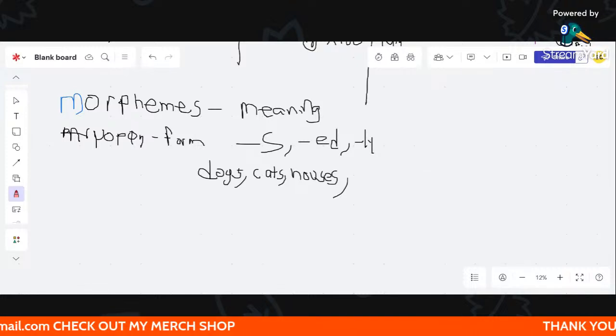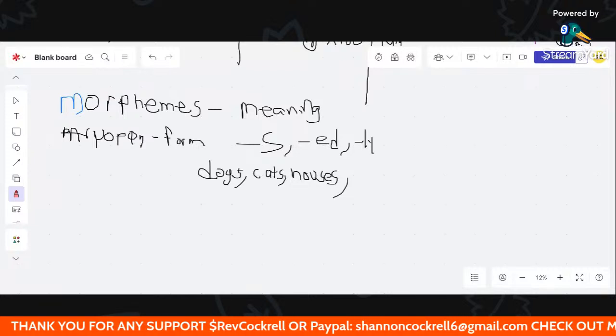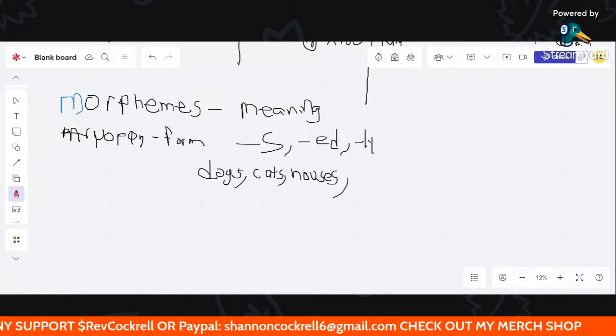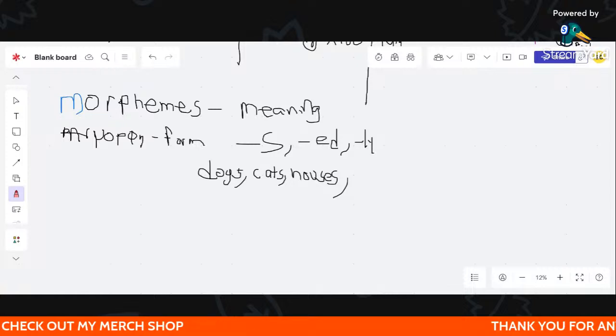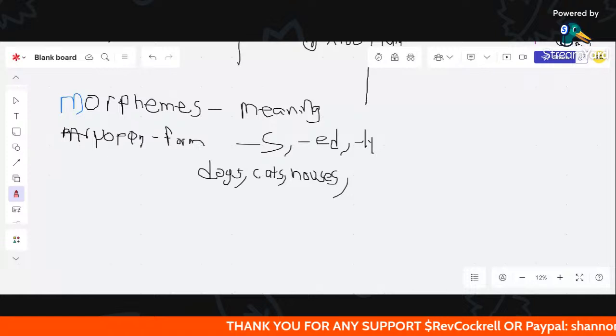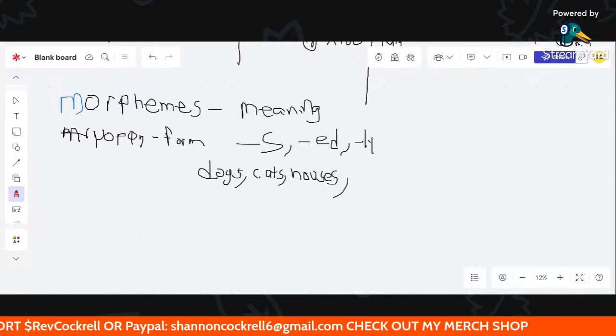Badly, nicely, those are morphemes. So morphemes in English help us understand the difference between friendship, friendliness, and unfriendly. Notice all of those have different meanings. Just keep that in the back of your head as we go through the course.